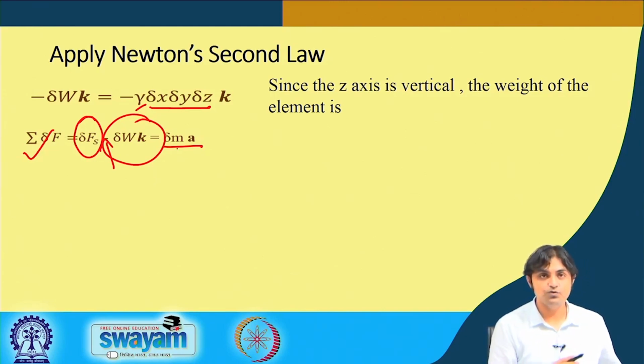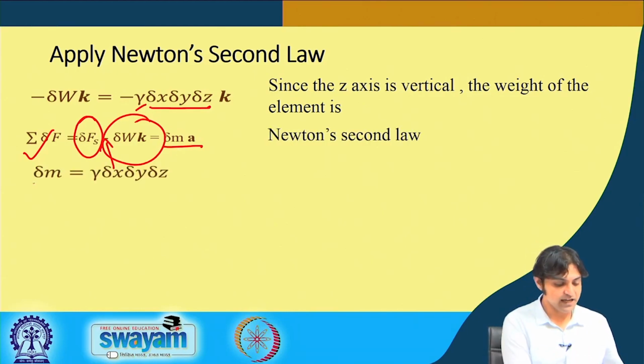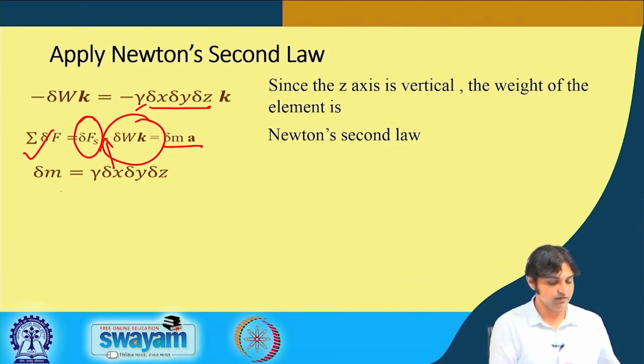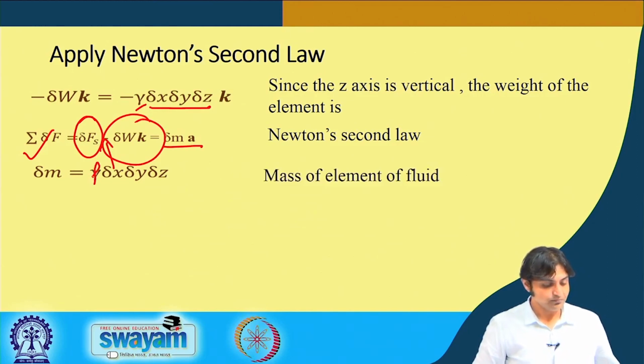We are doing just Newton's second law here. So mass, as we have already seen, is rho into delta x into delta y into delta z. This is the mass of the element of the fluid.